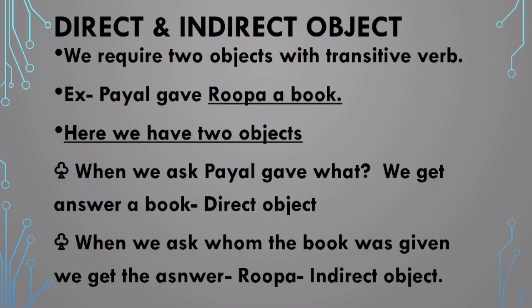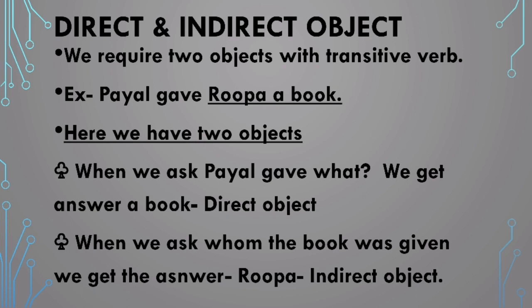Students, now we are going to talk about direct and indirect object. Now, we require two objects with a transitive verb, like Payal gave Rupa a book. Here we are having two objects, students. First one, when we ask a question, Payal gave what? Payal ने क्या दिया? So what will you get as an answer? Book.